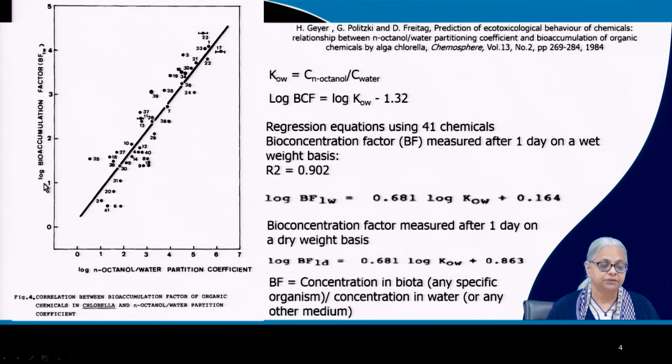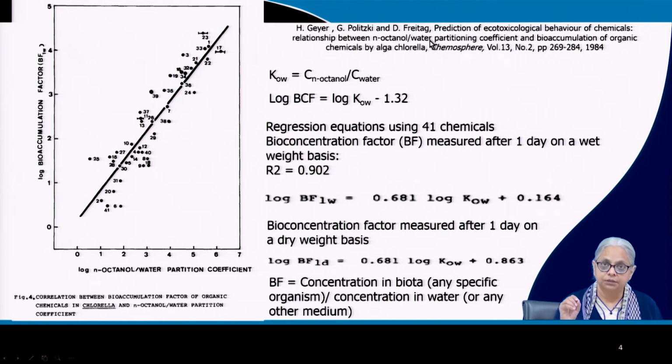And on the y-axis, we have the log bioaccumulation factor. This is a set of data from a particular paper where the water partitioning coefficient and the bioaccumulation of various chemicals, I think there are 41 different chemicals, have been tested using one particular species of algae, chlorella.